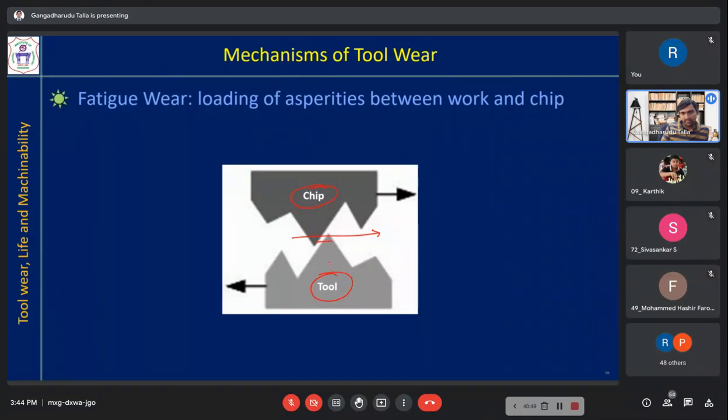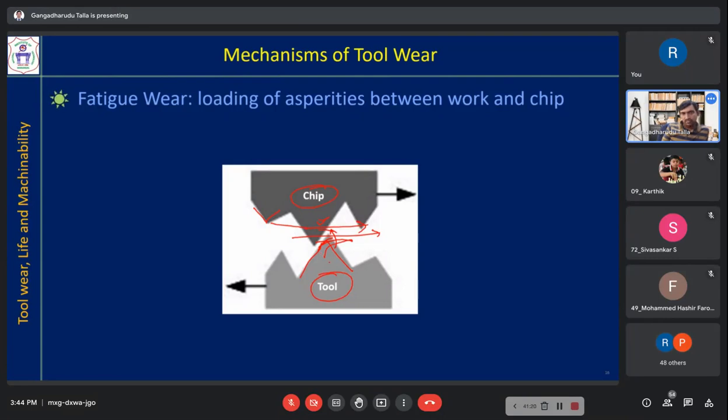The tool will not break immediately. If it is abrasive, very hard, then it will break. Otherwise, it may just slightly deform, elastically deformed, and it will come back to its shape. Once this asperity goes out, it will again regain its shape. Then after some time another asperity will come and hit this peak. Again it will bend and come back to its original position.